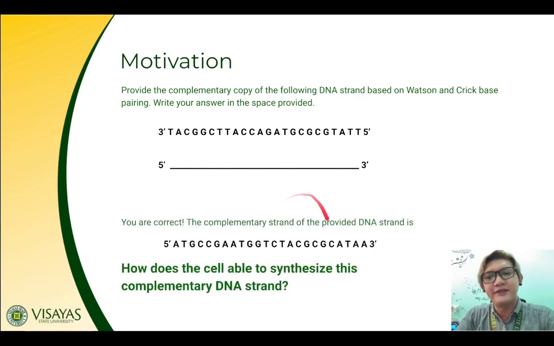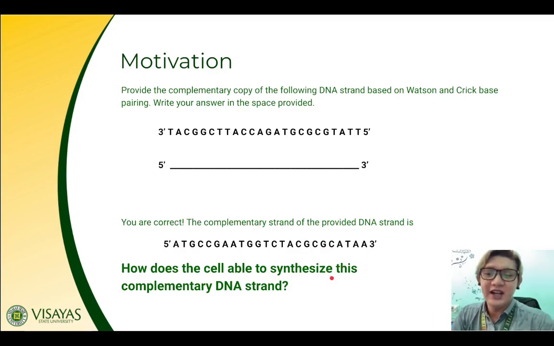And you're correct. Now the complementary strand in the provided DNA strand is ATG, CGAAT, GGT, CTA, CG, AA, and the direction is from 5 prime to 3 prime.